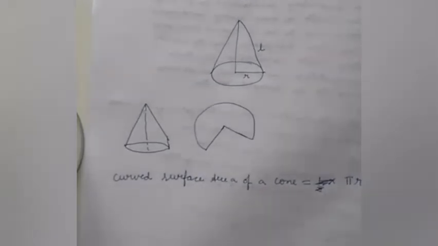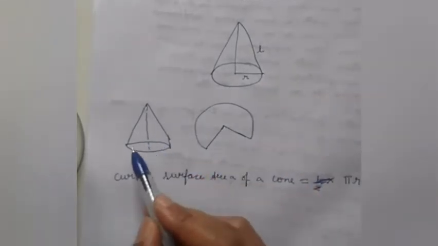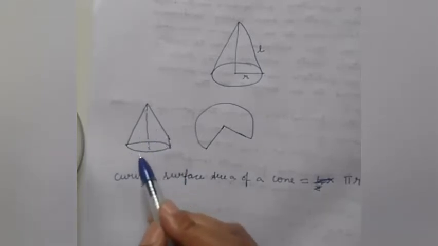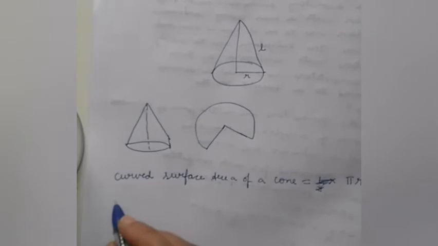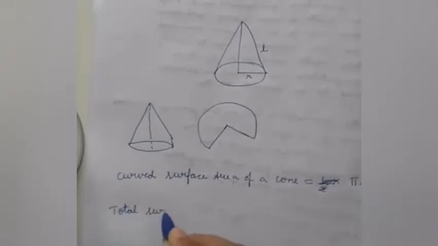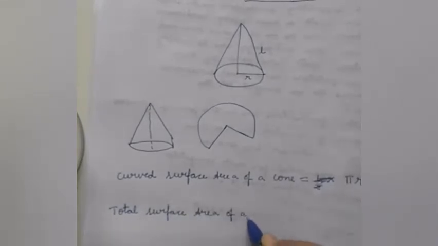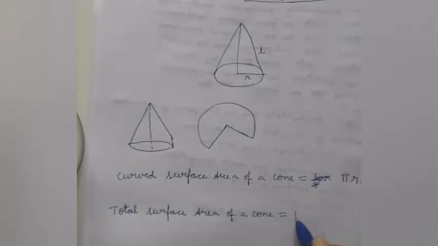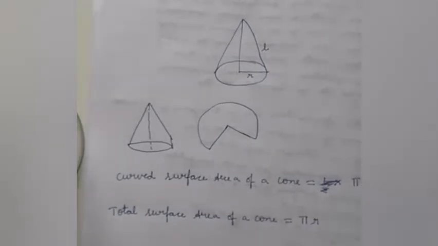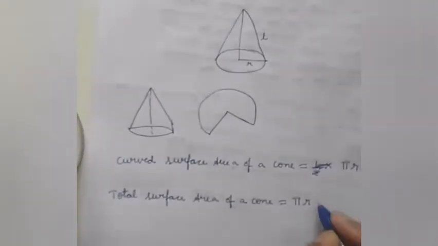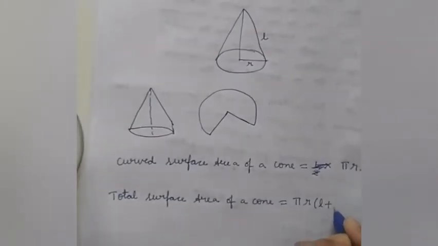And when we are talking about the total surface area of the cone, we are talking about the area of this curved part plus the area of the base. So the total surface area of a cone is equal to pi r into L plus r.